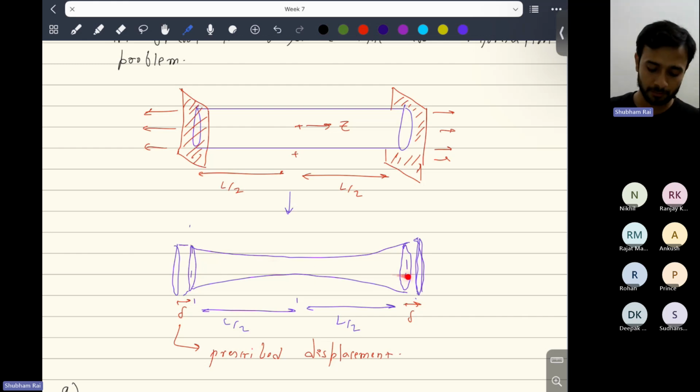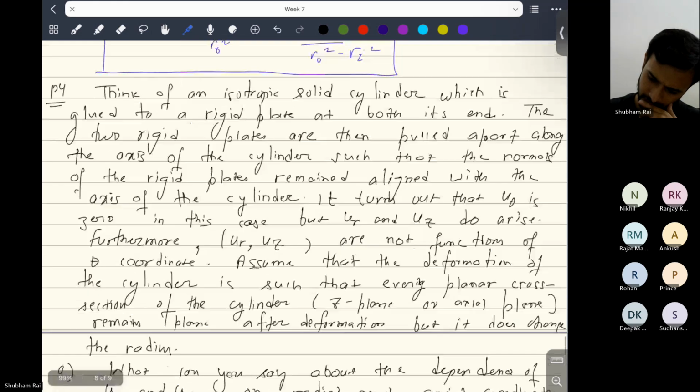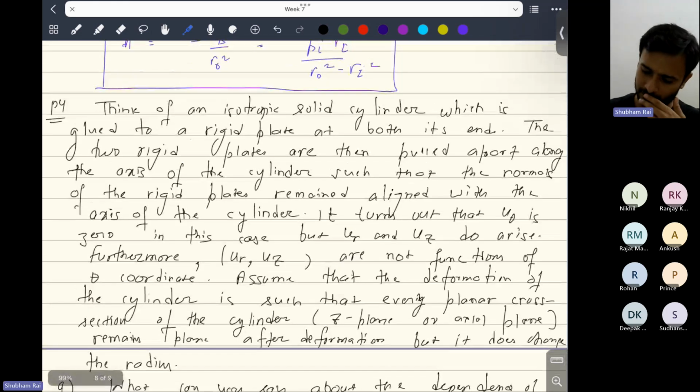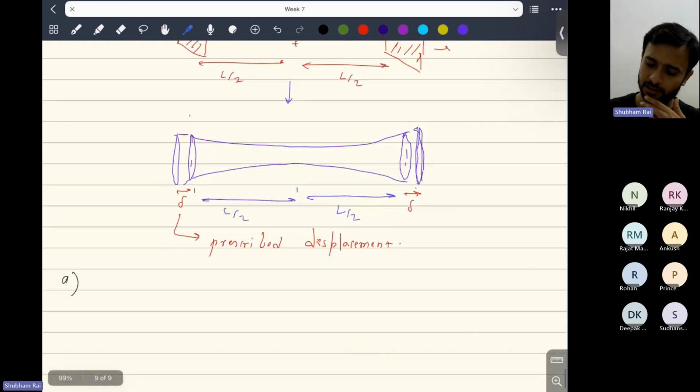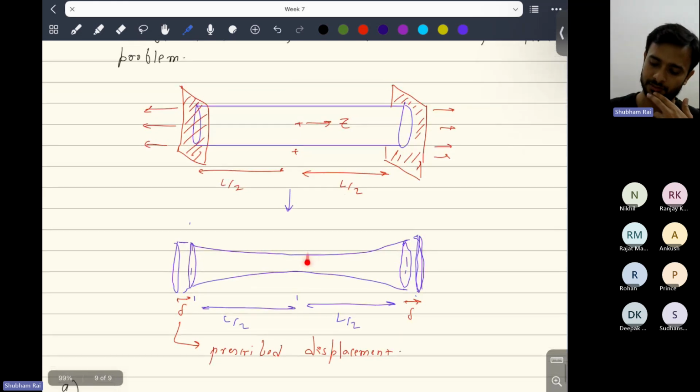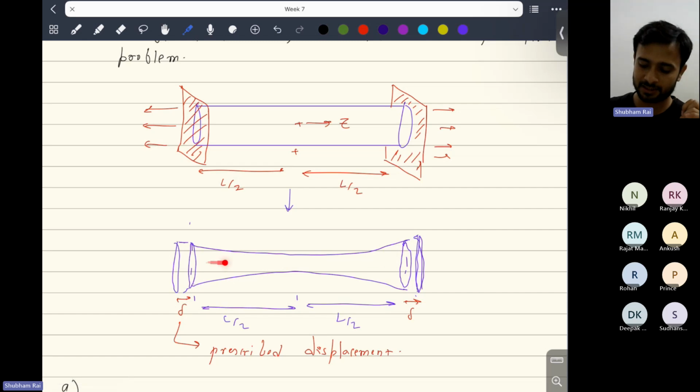But UR may also be a function of R, because this is a thick cylinder, right? It may be thick or thin, but if it is a thick cylinder, UR may vary with radius at a particular Z. Now talking about UZ, that is axial stretching.